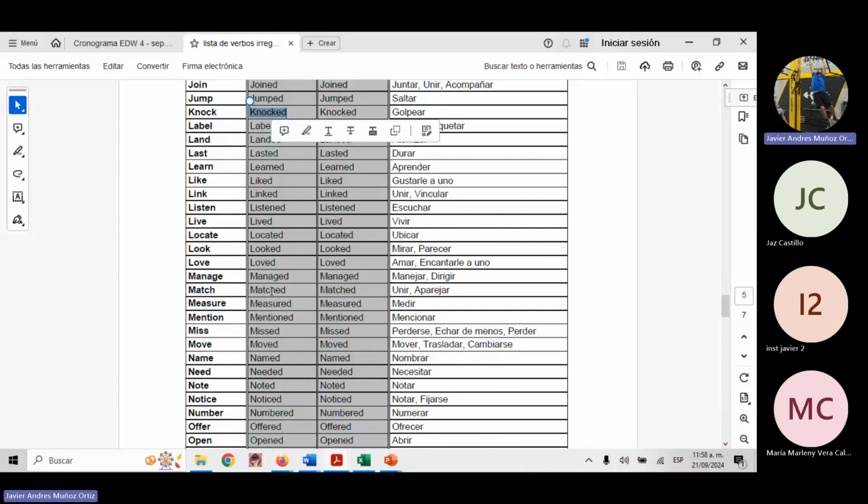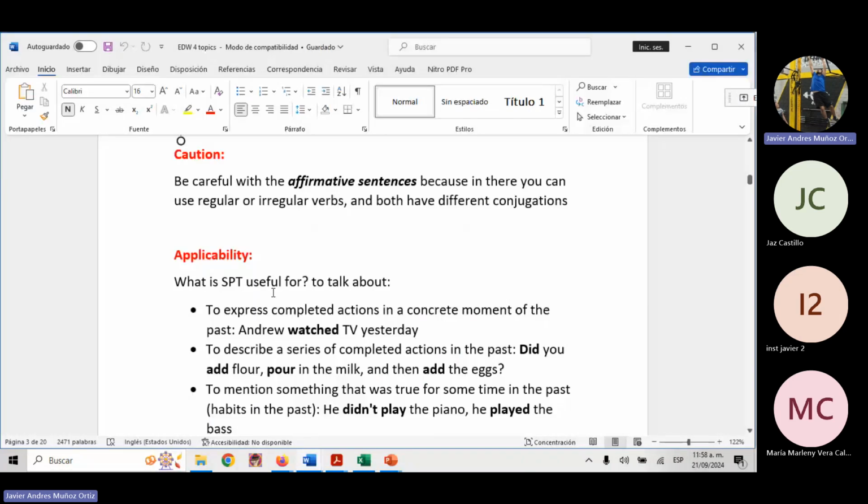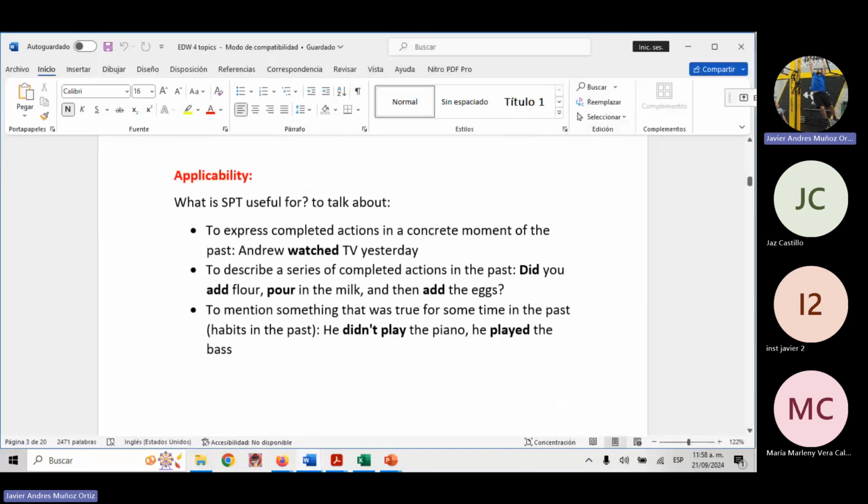So this is what we studied last time, and we did a recap today until 4 minutes ago, right? The pronunciation and the writing of these verbs. So why are we going to study simple past tense? Why is this tense important? This is the issue. This is the most important issue or situation.